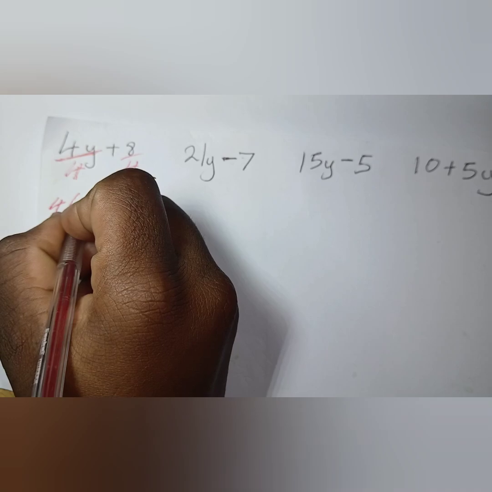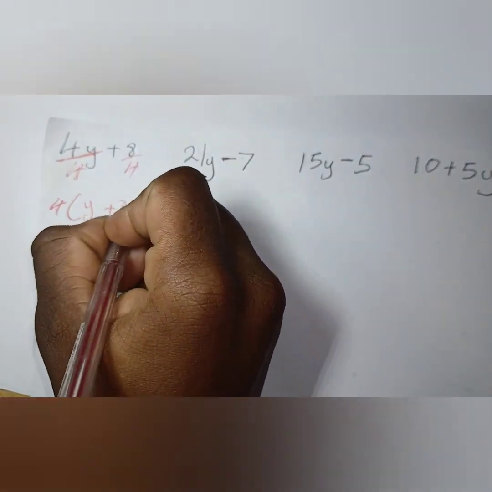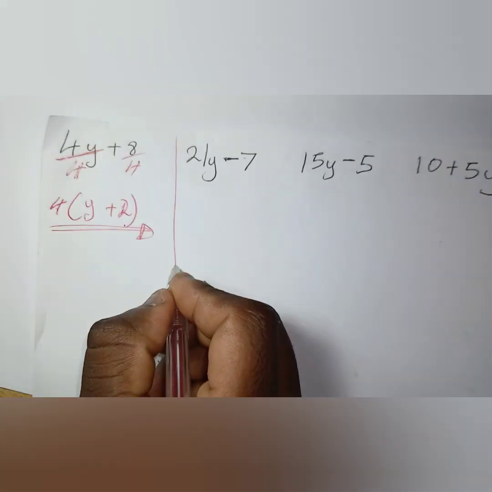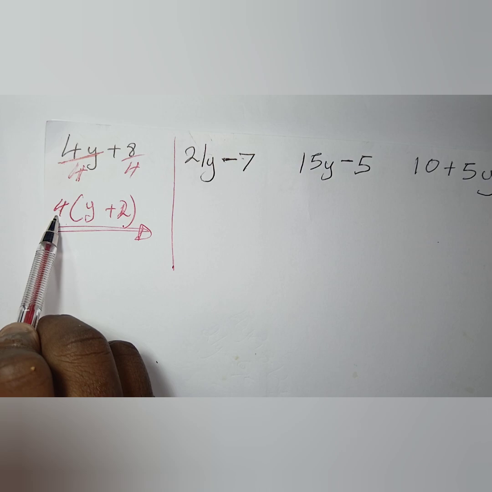If you divide, it will just be y, then here it's plus 2. So this, you just factorize by looking at the common factor, which is 4.